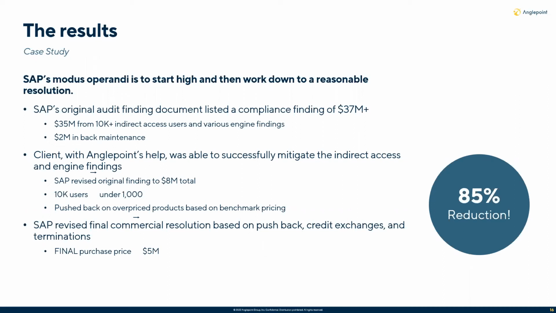So we moved from SAP's audit finding to, okay, this is now our starting point. This is where we want to drive to a commercial resolution. And ultimately, our understanding is that the organization was able to negotiate with SAP for a final purchase price around that $5 million mark. So again, if you look at that original report of $37+ million all the way down to $5 million, it's a great success story.